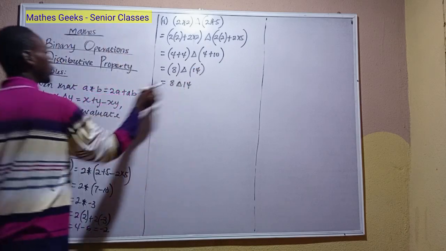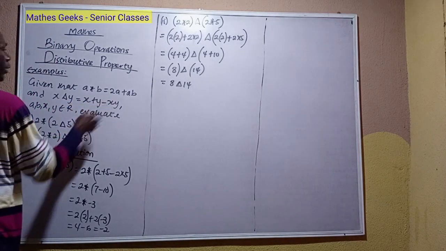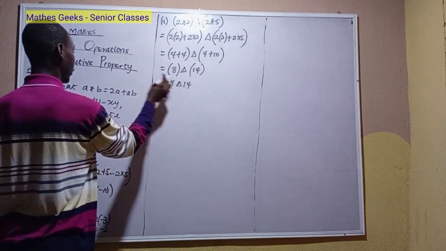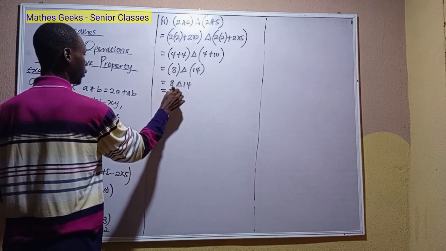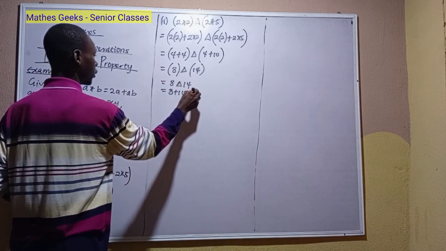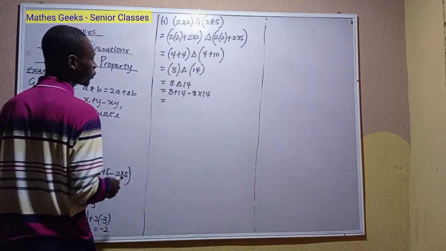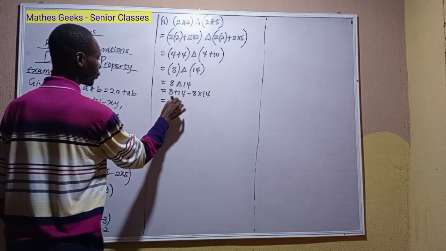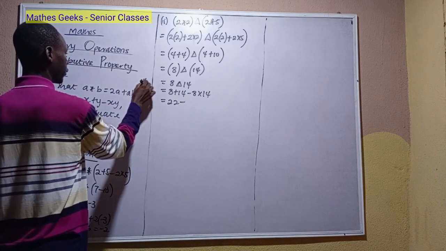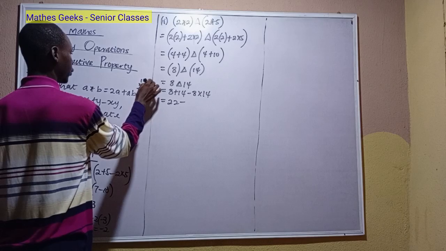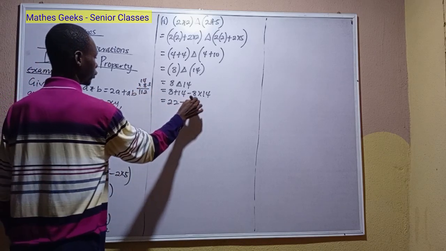So now we're going to use this operation, and the rule of that operation is x plus y minus xy, where x is 8 and y is 14. So this will give us 8 plus 14 minus 8 times 14. 8 plus 14 will give us 22, minus 8 times 14, which is 112.